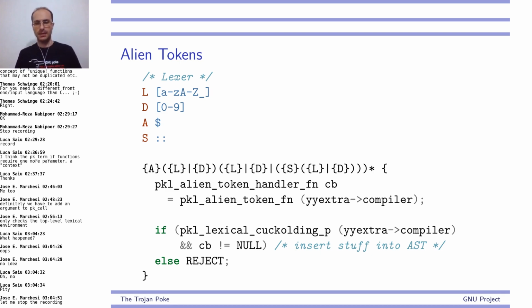It's the way when you want to give some stuff to Poke at the programming language level, and you want the Poke user, the host, to tell you what's going on and what is the meaning of this token. So we are at the token lexer level.